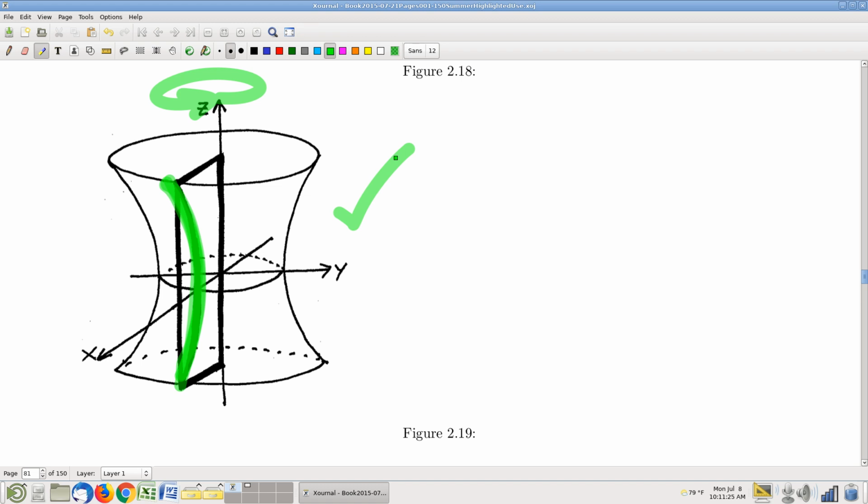I don't know what to relate that to in real life. Corset? Maybe it's a corset. Very obscure reference. But anyway, this is called a hyperboloid. This is the name that mathematicians use to describe this shape. Hyperboloid of one sheet. And there's a hyperboloid of two sheets that we're going to see momentarily.